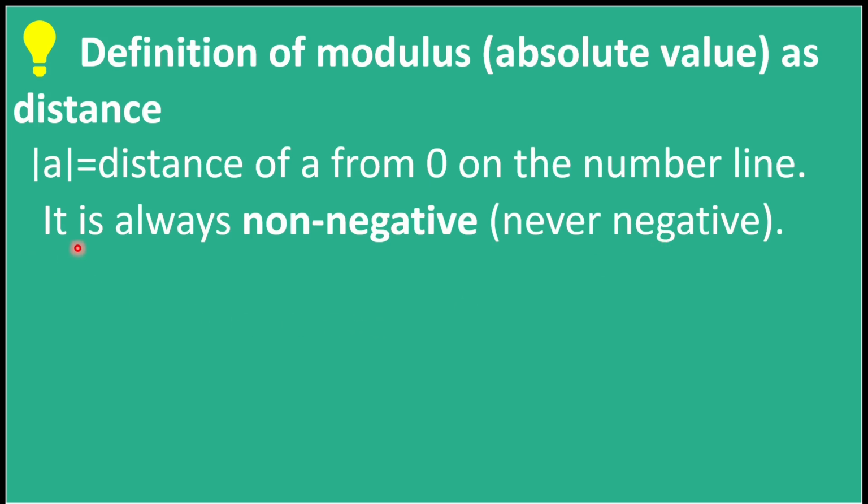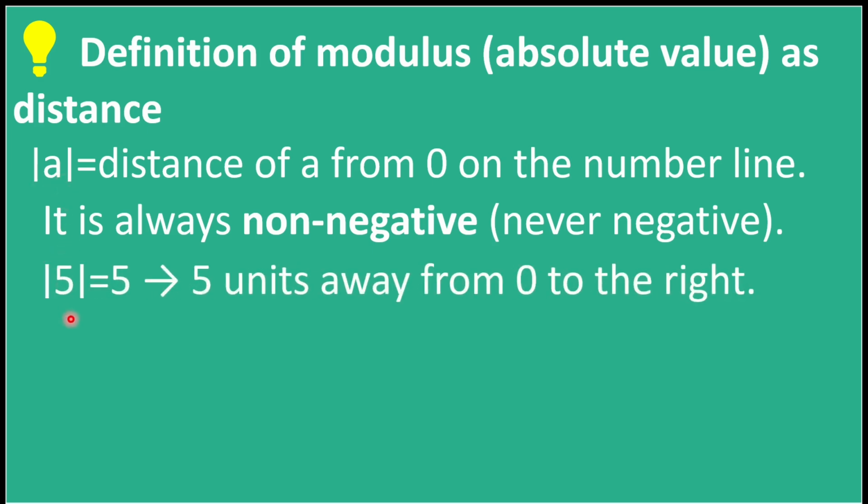Why? Because when it comes out of the modulus, it becomes positive. For example, the absolute value of 5 is equal to 5. So it means 5 units away from 0 to the right. On the right side, as you know, we take positive values.